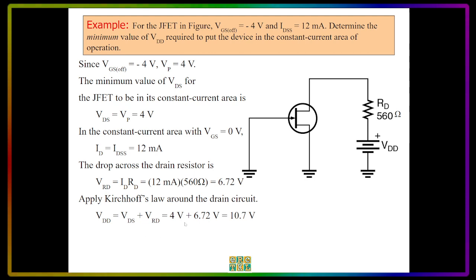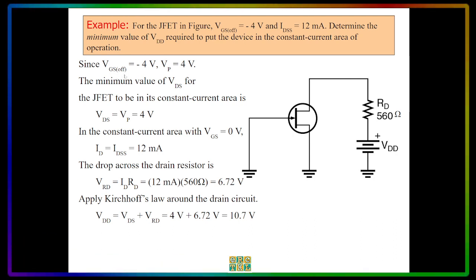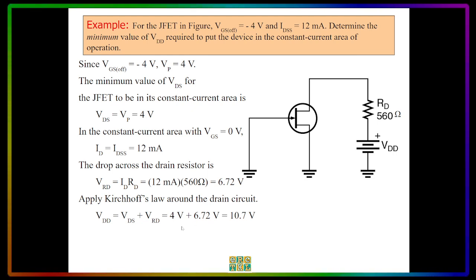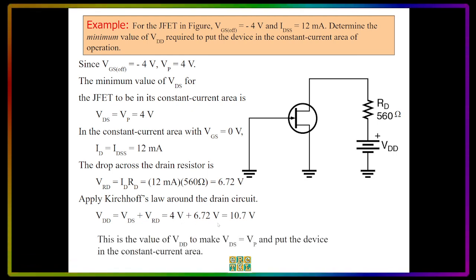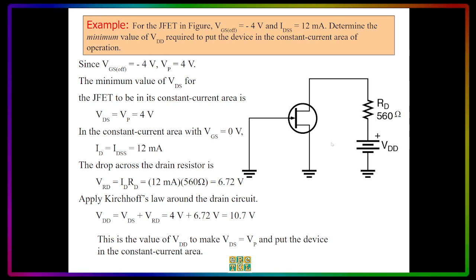The VDS is equal to 4 volts, as we have mentioned at the beginning, that when VGS(off) is equal to minus 4 volts, the VP is equal to 4 volts. Therefore, the voltage VDS will be equal to 4 volts, plus 6.72 equals 10.72 volts.